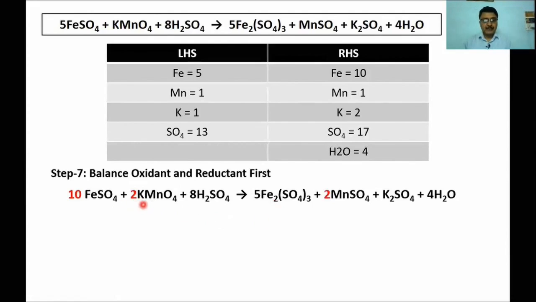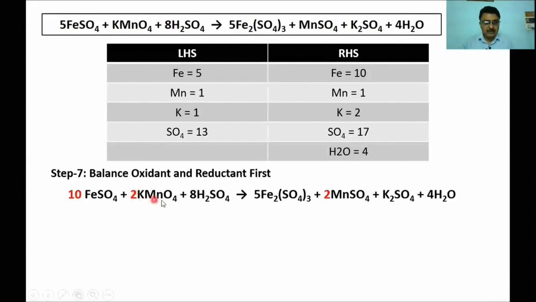So you can see on the right hand side we have 2 potassium atoms, whereas on the left hand side we have 1 potassium atom. So I am going to multiply it by 2. Now my potassium atoms are balanced.